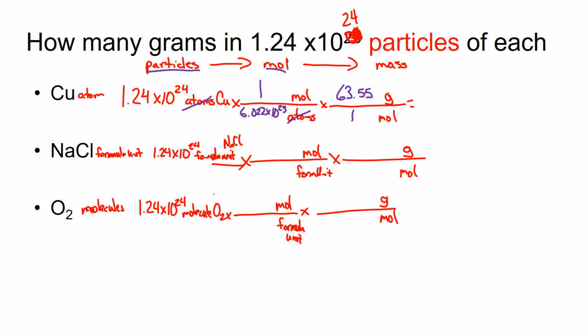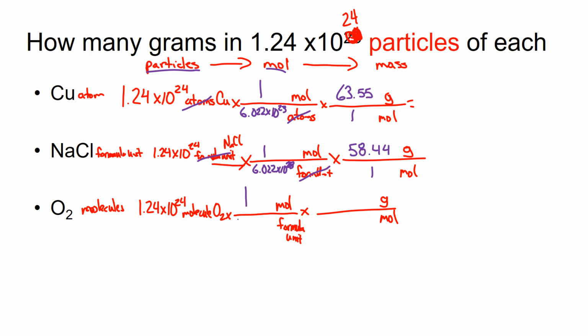Here, I need to get rid of formula units. So for every 1 mole, there's 6.022 times 10 to the 23rd formula units, and that gets rid of formula units. And then for every 1 mole, looking back on my previous page, I had 58.44 grams.